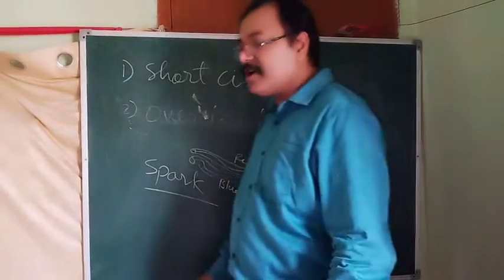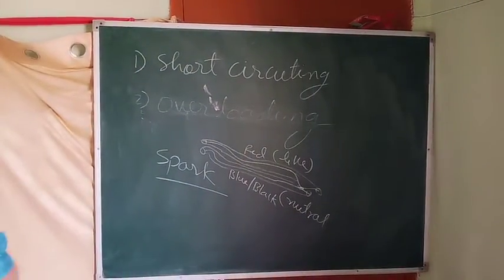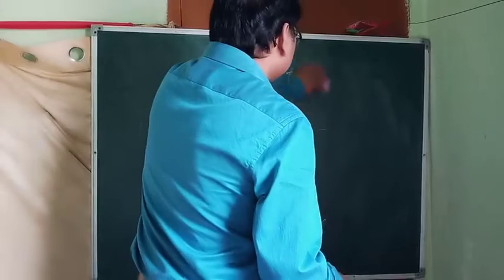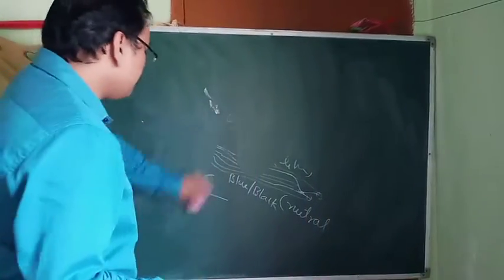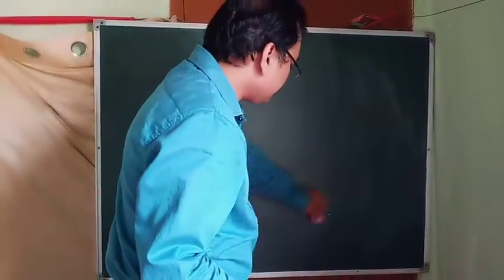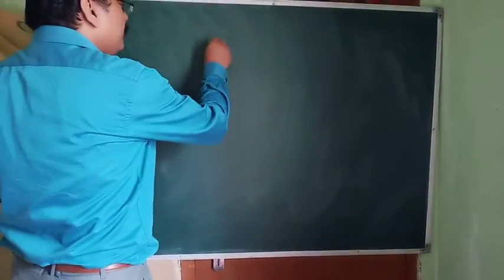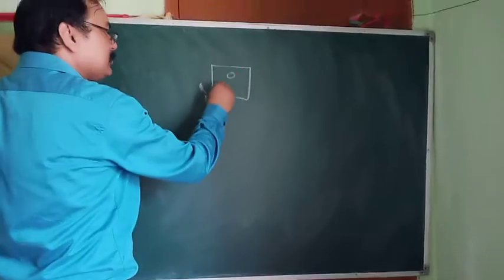Now next is overloading. Now what is overloading? Let me tell you. This happens generally in our houses, and mostly in the summer time. Suppose you have got a plug point in your switchboard.